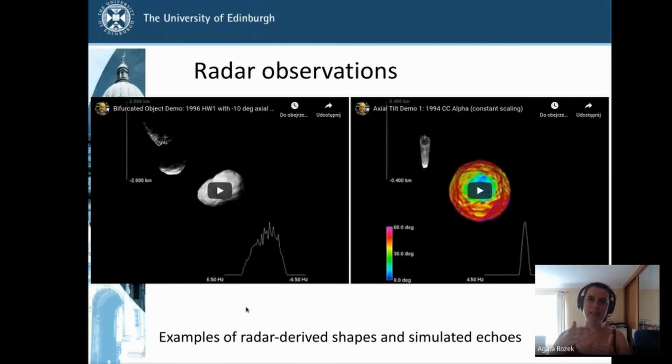So when we receive the radiation back after emitting it from the telescope, the signal comes at different delays because it had to travel further or shorter distances depending on where on the asteroid the light was reflected. So one of the dimensions is the distance.